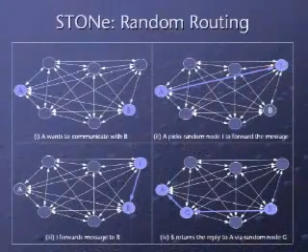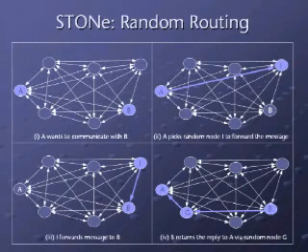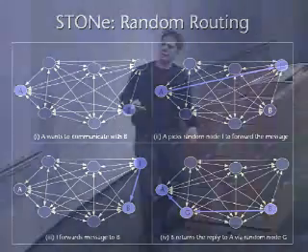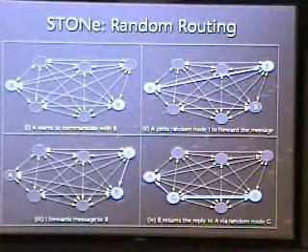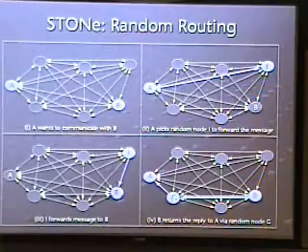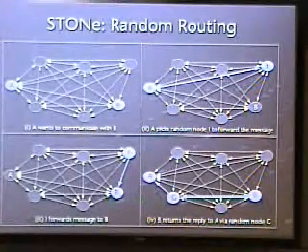The only weakness is that it creates lots of out-of-order packets, because packets get different delays through the network, and every packet has to traverse the network twice, basically. So in random routing, as I see on the next slide, every node basically picks a random intermediate node and forwards the message to this random intermediate node, and this random intermediate node forwards the message to the receiver.